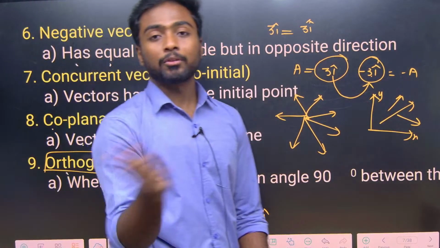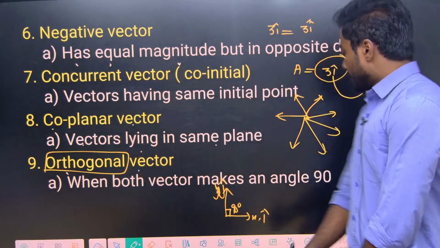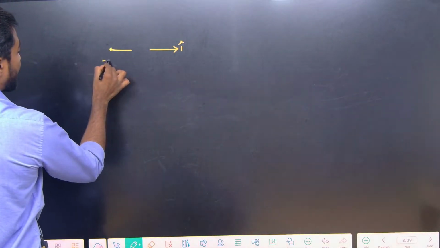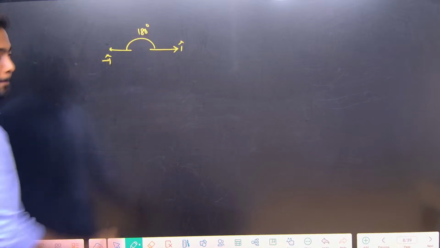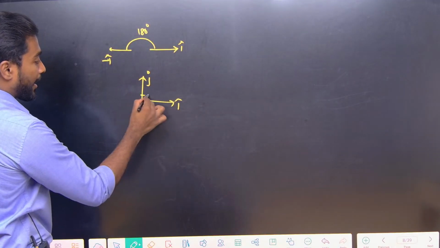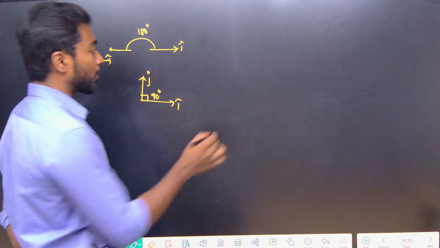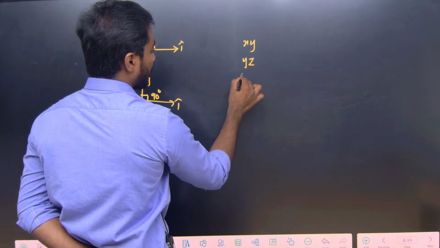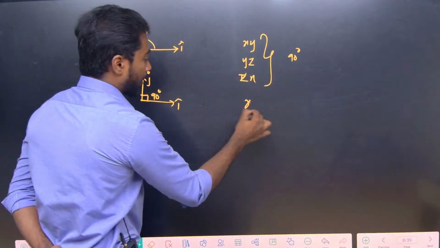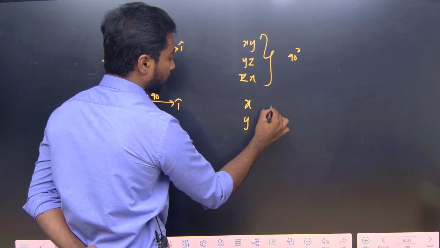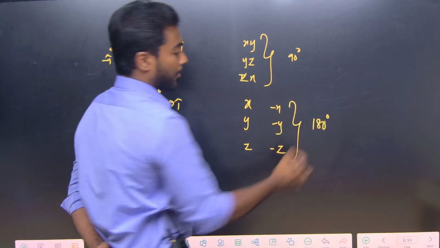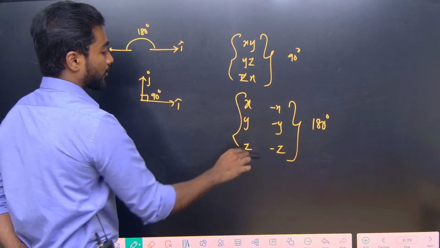So i cap and j cap have a 90 degree angle between them. An important point, sir: the angle between i cap and minus i cap is 180 degrees, and between j cap and i cap it is 90 degrees. You need to know this. For xy, yz or zx, the angle between them is 90 degrees. For x and minus x, y and minus y, z and minus z, the angle between them is 180 degrees. This is a very important thing.